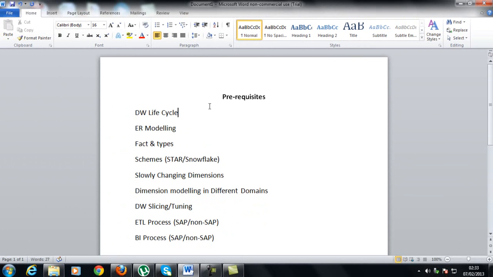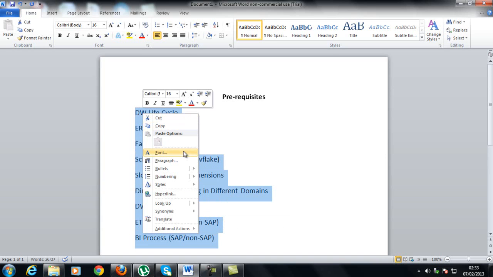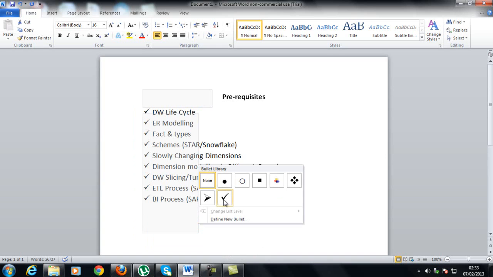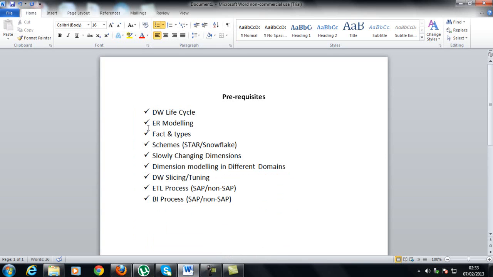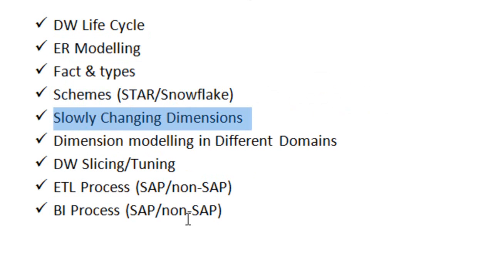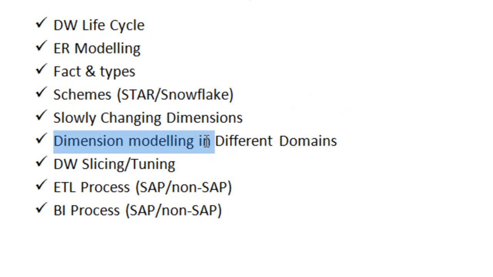These prerequisites are that you have to learn the data warehousing lifecycle, ER modeling, fact tables and dimension tables and their types, and schemas. These two are important, and this one is also important: slowly changing dimensions and dimension modeling in different domains.